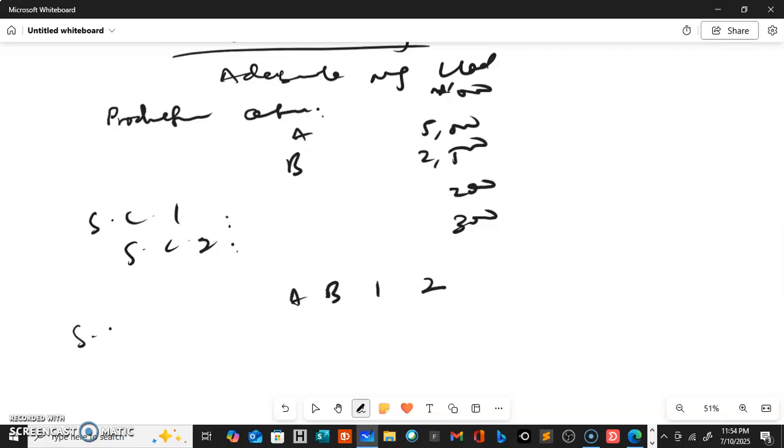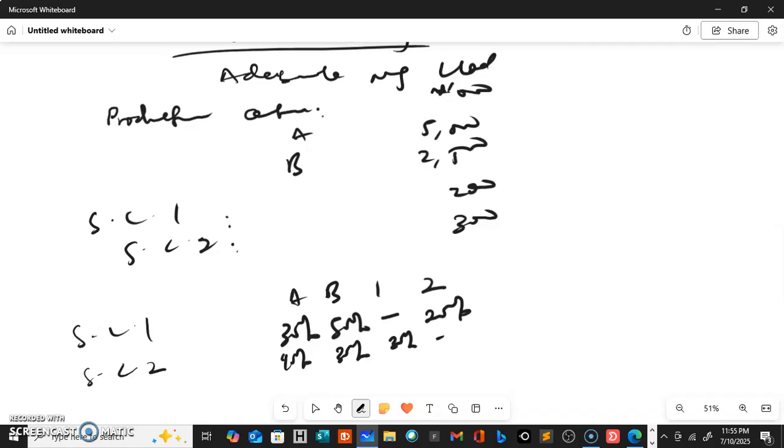For service cost center 1, 30% of the cost should go to A, 50% of the cost should go to B, and the remaining 20% to service cost center 2. And for service cost center 2, we are told in the question that 40% should be apportioned to A, 30% to B, and the remaining 30% to service cost center 1.